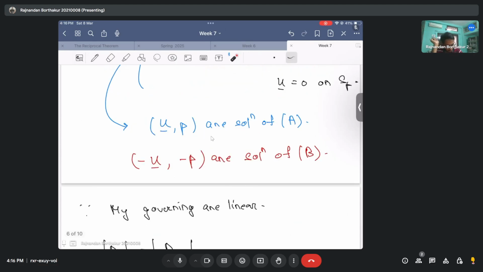Because I already stated that since the governing equations are linear, problem B can be uniquely recreated if I just change the direction of flow of problem A.